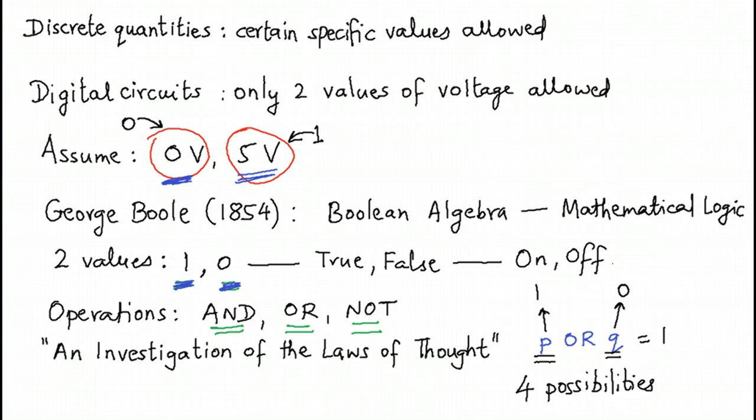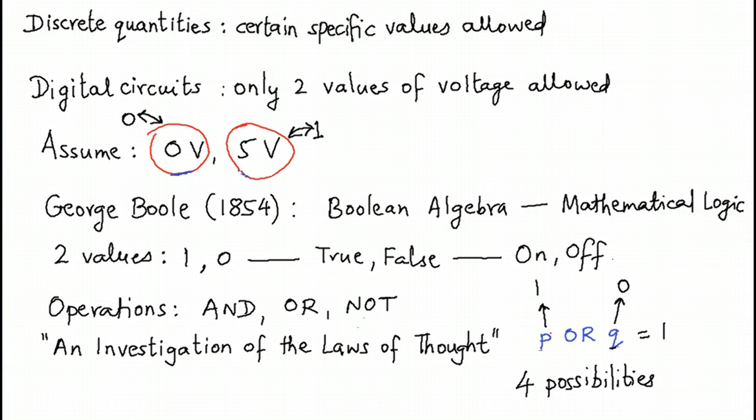Note that the allotment could be done the other way around, that is 0 could be assigned to 5 volts and 1 could be assigned to 0 volts, but we will assume this particular allotment for the purpose of the example. So once again, 5 volts corresponds to the Boolean value of 1 and 0 volts corresponds to the Boolean value of 0.